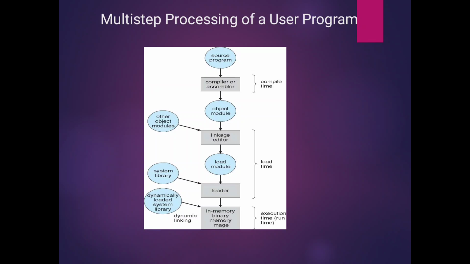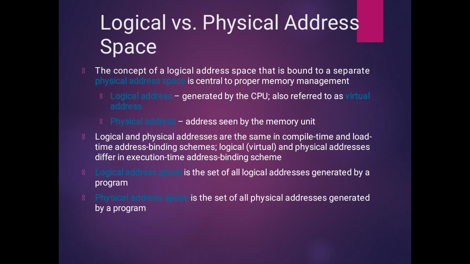Finally it is loaded by using the loader. With the help of the system libraries, it can be loaded into the memory, and the binary data are stored into the memory. So these are the stages.